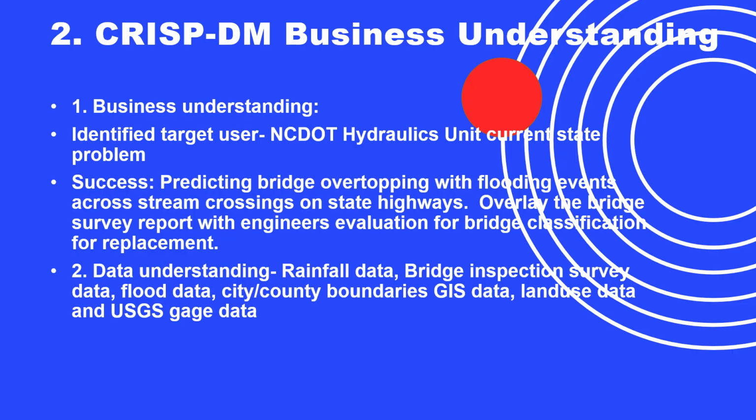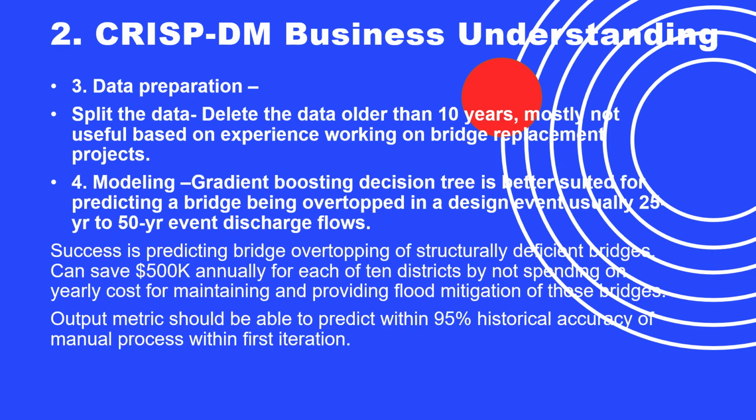CRISP-DM methodology understanding. Identify target user, yes, and then success: predicting bridge overtopping with flooding events across streams on highways. Data understanding: rainfall data, bridge inspection survey, and GIS data preparation.